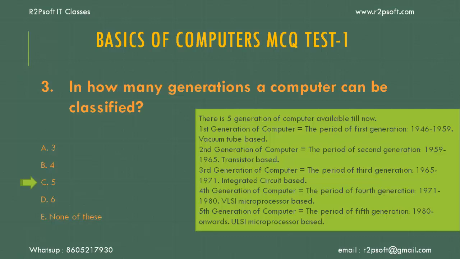Third generation of computer, the period of third generation 1965 to 1971, integrated circuit based. Fourth generation of computer, the period of fourth generation 1971 to 1980, VLSI microprocessor based. Fifth generation of computer, the period of fifth generation 1980 onwards, ULSI microprocessor based.